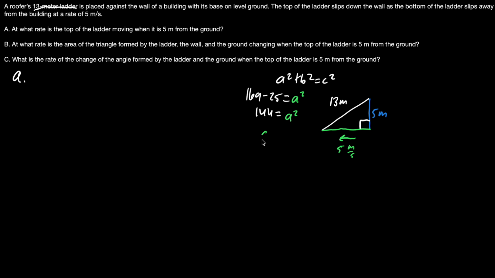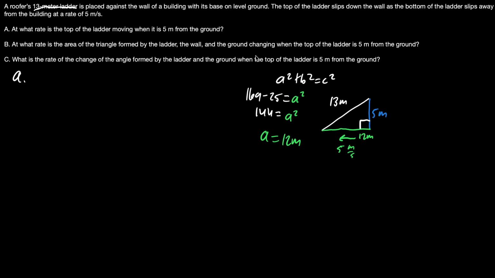So therefore, A is equal to 12 meters. And we have everything we need to solve. So let's start off with A. At what rate is the top of the ladder moving when it's 5 meters from the ground?